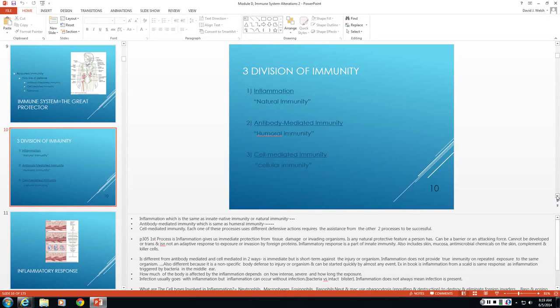Now, the inflammatory response is a part of innate immunity. It also includes the skin, the mucosa, and the antimicrobial chemicals on the skin, and these can complement and kill cells.